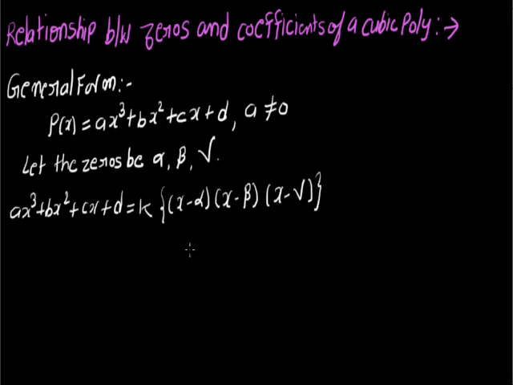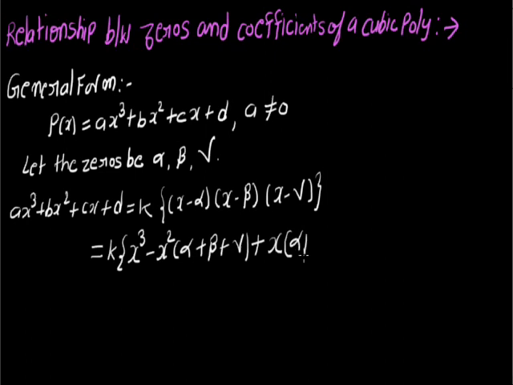Now if we simplify this expression on the right hand side, it comes out to be k times x cube minus x square times the bracket alpha plus beta plus gamma, plus x times the bracket alpha beta plus beta gamma plus gamma alpha, and finally minus alpha beta gamma.